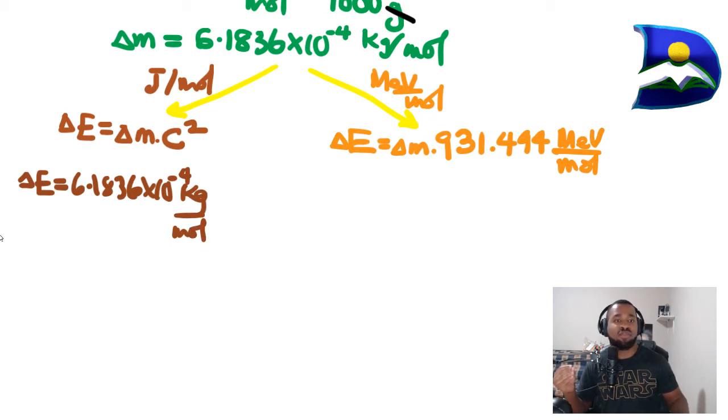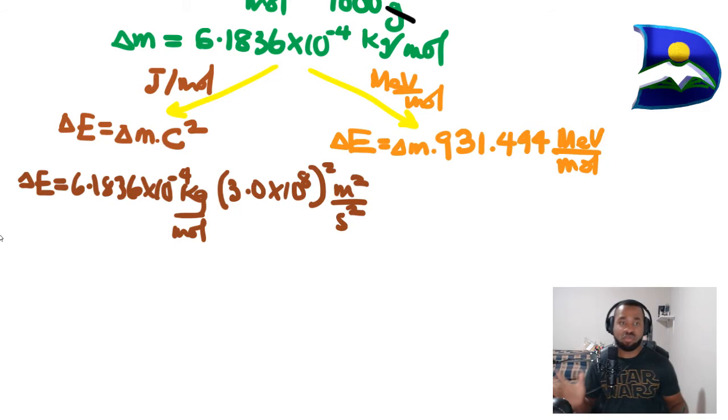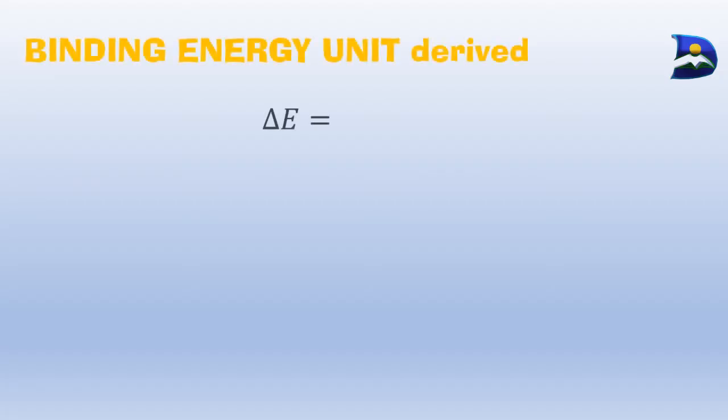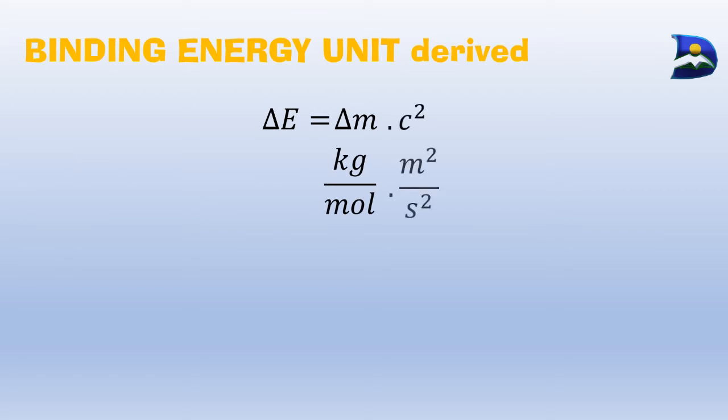And so this is multiplied, take note, by the speed of light 3 times 10 to the 8 squared. And we know that the unit, since it's squared, is going to be meter per second all squared. So therefore, once we have this expressed, we are going to be able to determine our energy in this case, and take note that the energy is going to be represented in joules per mole.